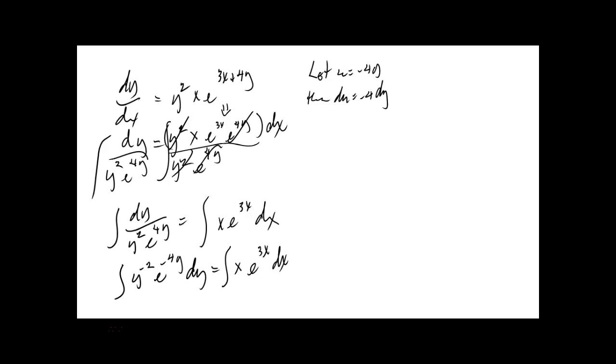I don't know if this will work, but here's what I would try next. Rewrite this as y is equal to minus u over 4, and then y squared would be u squared over 16. I don't know if this is going to work, but let's try it.